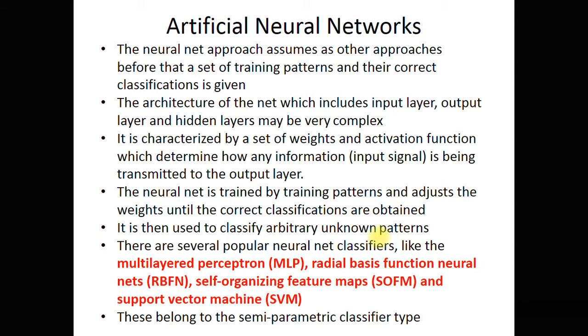The neural network is trained by training patterns and adjusts the weights until the correct classifications are obtained. We have already seen the backpropagation mechanism to do this. It is then used to classify arbitrary unknown patterns. There are several popular neural network classifiers like the multilayer perceptron, radial basis function neural networks, self-organizing feature maps and support vector machines. All these come under what is called a semi-parametric classifier.